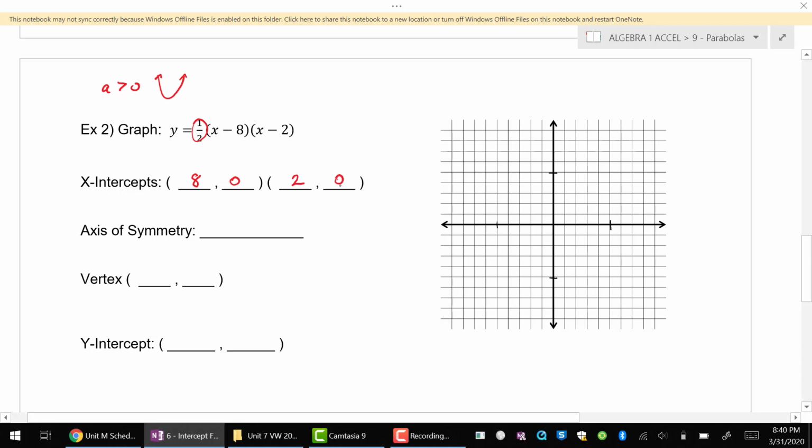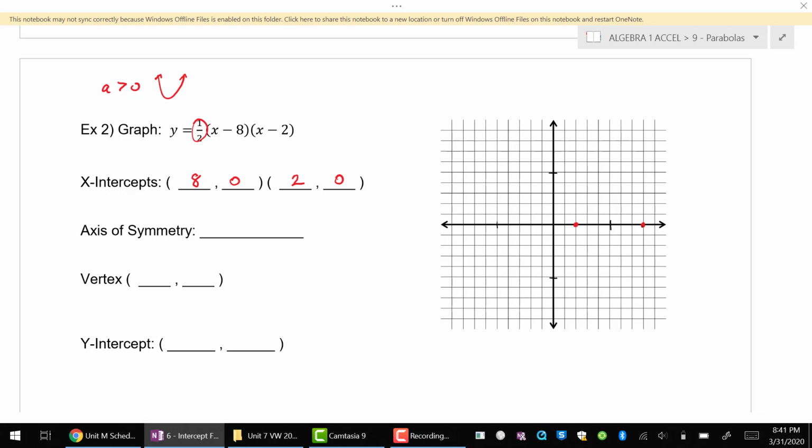So right away, I can plot 8, 0, and 2, 0. There they are. The axis of symmetry is going to be right in the middle of those two. Looks like 1, 2, 3, 4, 5, 6 units separate the 8 from the 2. Halfway down the middle would be right there at 5.